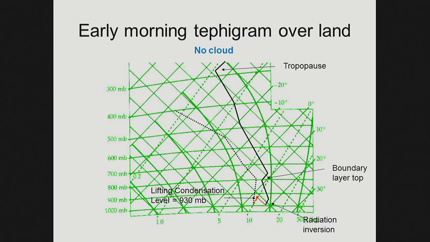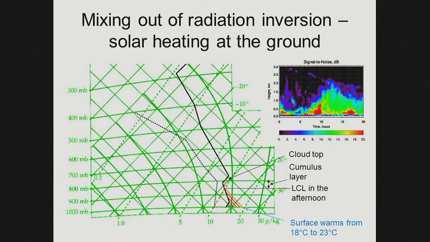Because after the early morning, after the night comes the day, the sun shines on the surface of the earth and warms it up very quickly if there's no cloud. I showed you this picture before. This is the wind profile picture showing the growth of the turbulent boundary layer. These colours are basically a measure of the turbulent intensity.